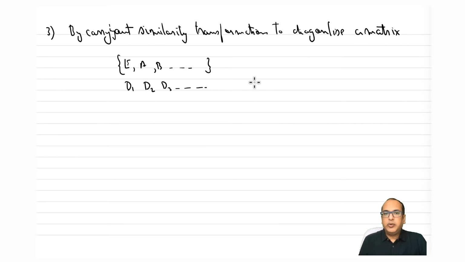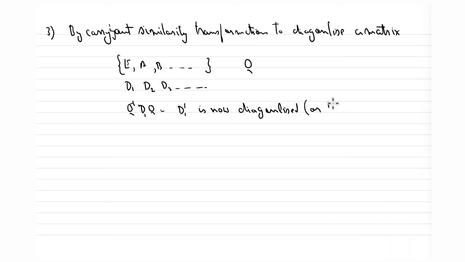What we need to do is find a matrix Q such that we can do Q inverse DQ to find a D1 prime, so that D1 prime is now diagonalized or block factored, right?